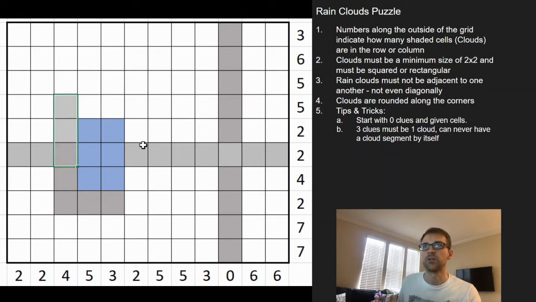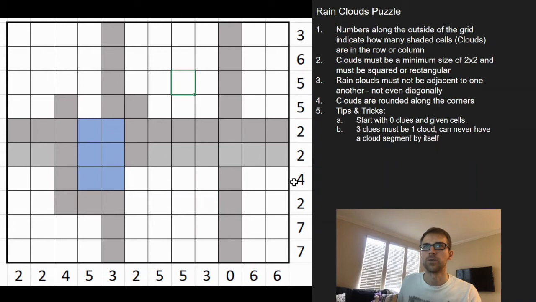So because of that, we know that these are not cloud segments. So now this 3 is solved, so we can actually gray the rest of that column out. And this 2 actually is solved in this row now, right? There's 2 cloud segments already discovered.